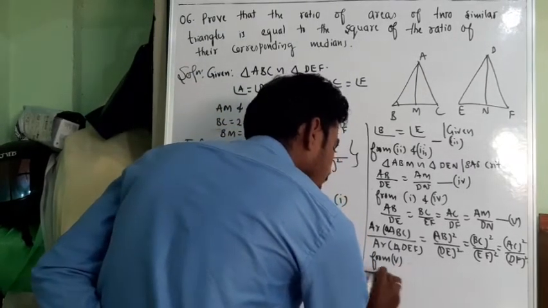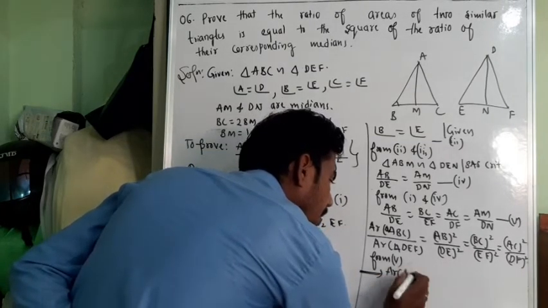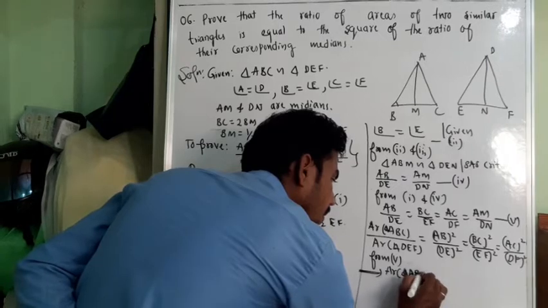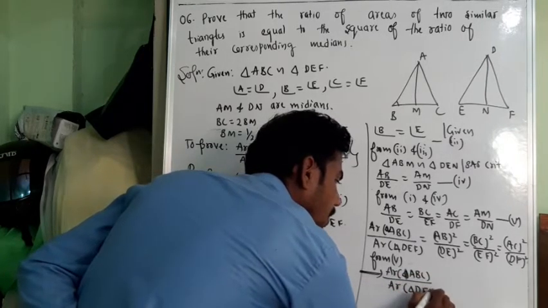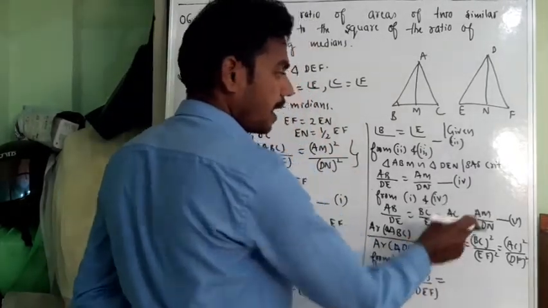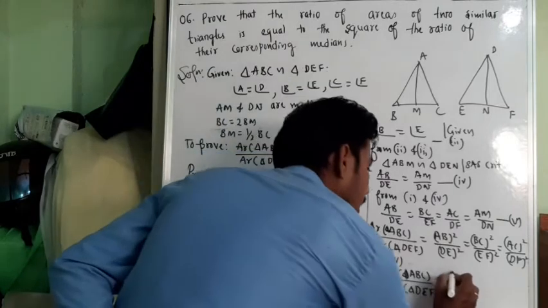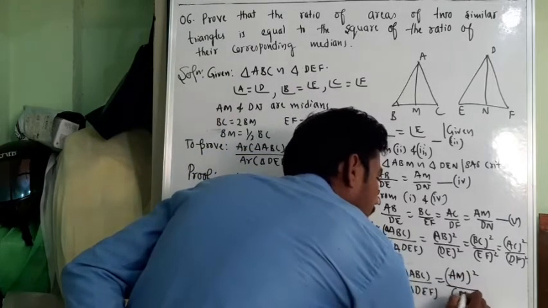What can we write this equation as? Area of triangle ABC divided by area of triangle DEF is equal to, in case of AB by DE, what can I write? AM by DN, that is AM square divided by DN square.